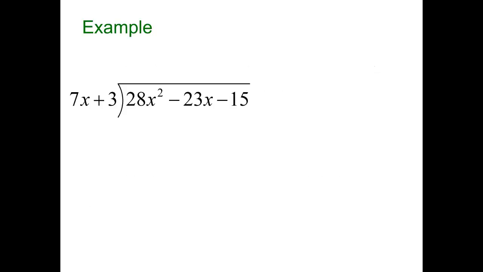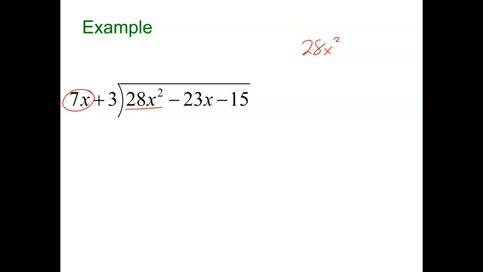Okay? Now, I've got my division set up. I always start at the beginning. I'm going to divide 28x squared, but I'm not going to divide it by the entire thing. I'm only dividing it by the 7x. All of the division steps will be with 7x.